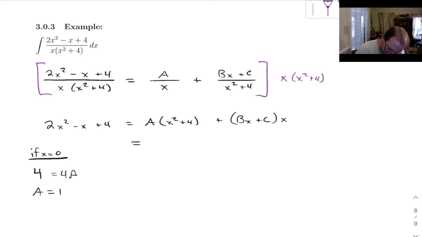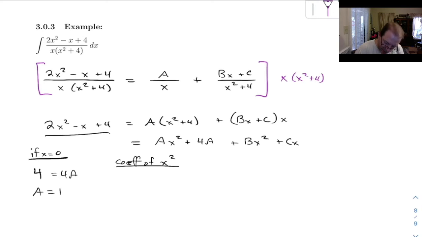Let's just go ahead and multiply it completely. We get ax squared plus 4a plus bx squared plus cx. If we look at the coefficient of x squared, on this side it's 2, and on this side it's going to be a plus b.